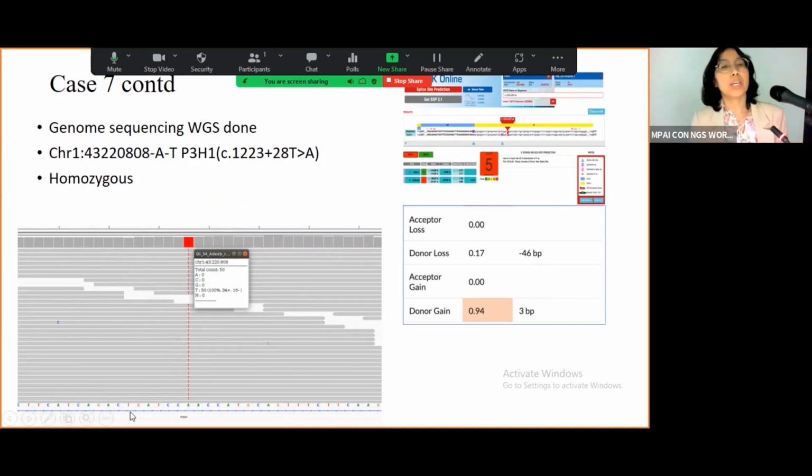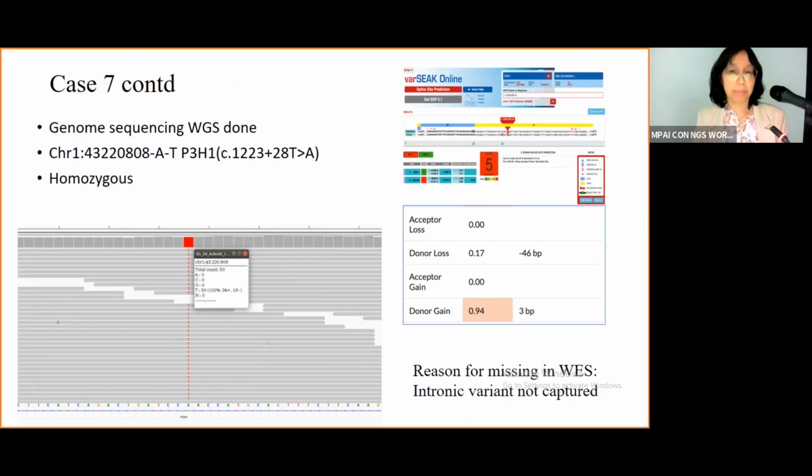And in the whole genome sequencing, we got a homozygous intronic variant in a known osteogenesis imperfecta gene. The prediction tools all predicted it to be causing a donor gain. We are yet to do a functional assay for this case, but we are confident that this is the causative variation for this family.